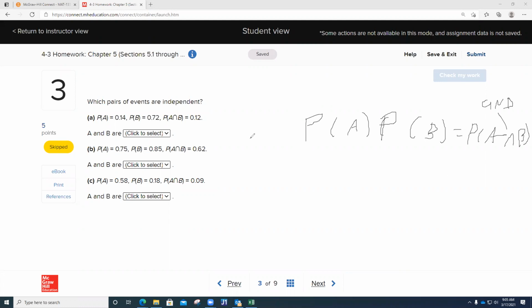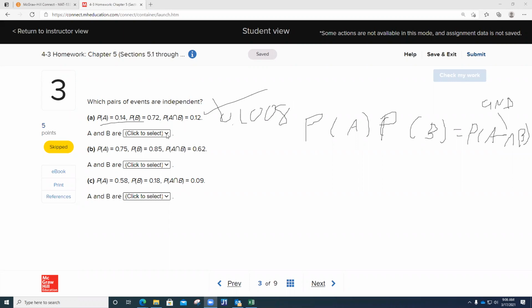So all we need to do is multiply this number by that number and see if it does equal that number. So 0.14 times 0.72 equals 0.1008, which is not that answer.